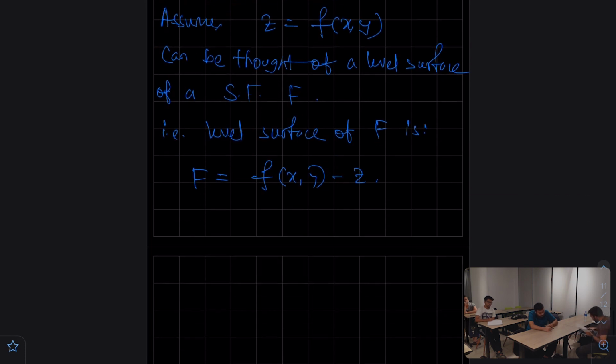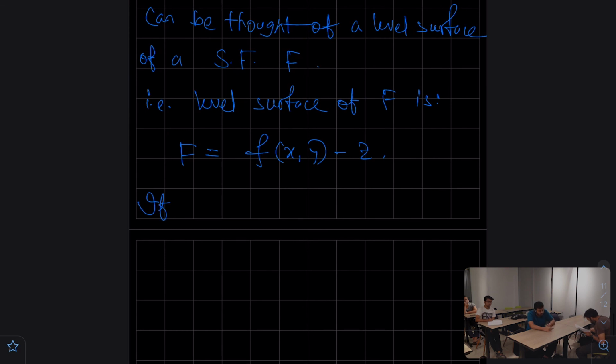So if f is differentiable, obviously not capital F, small f is differentiable, then we can talk about this.